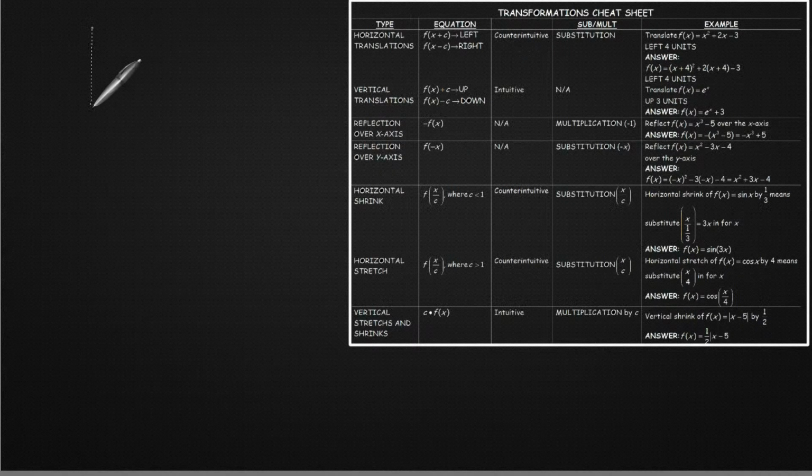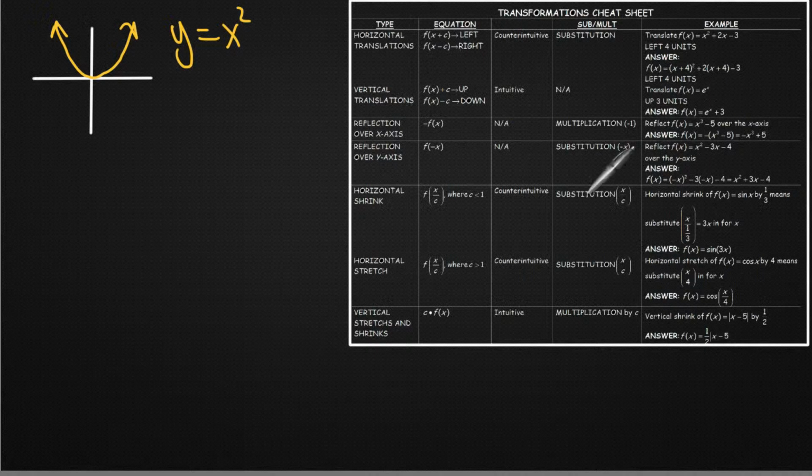Let's say we have a parabola. And let's say that we want to, let's just say this is y equals x squared. And let's say we want to do several things with this parabola. Let's say we want to shift it right 2 units.